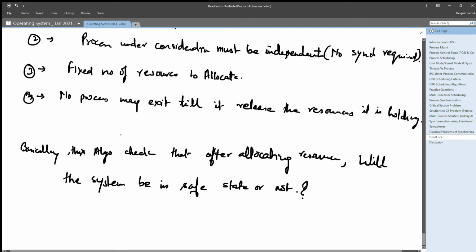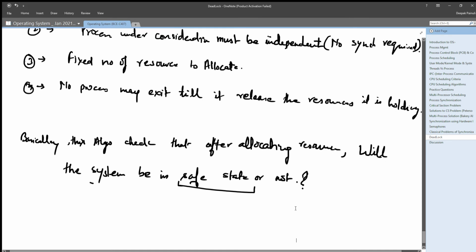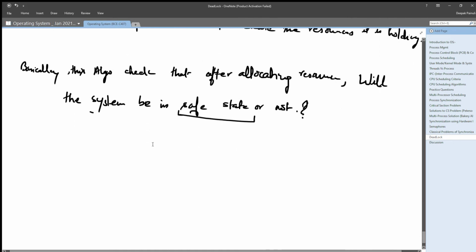So what does it mean for a system to be in a safe state, that it is not in a deadlock state, or we can say a system is in a safe state only if there exists a safe sequence.